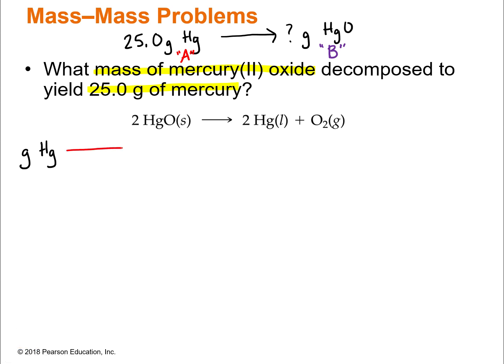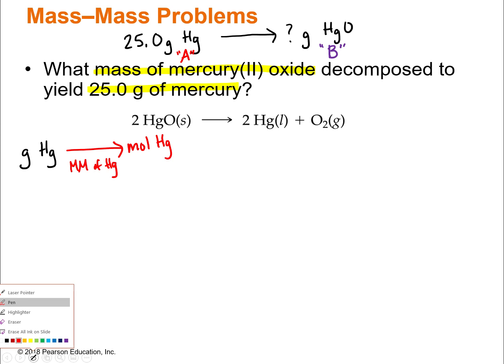Here's the plan. We move from grams to moles of mercury. We need the molar mass for that. Moles of mercury to moles of mercury 2 oxide.